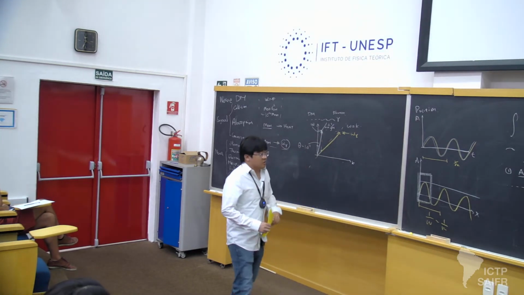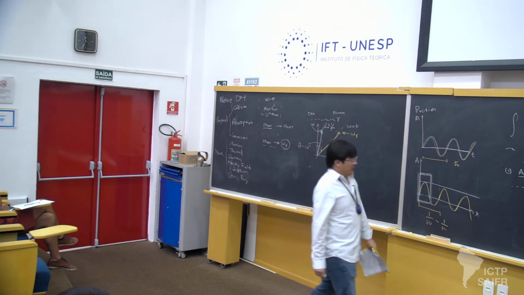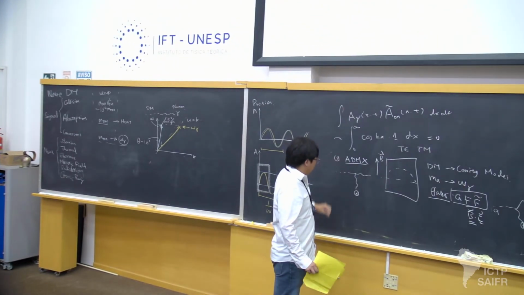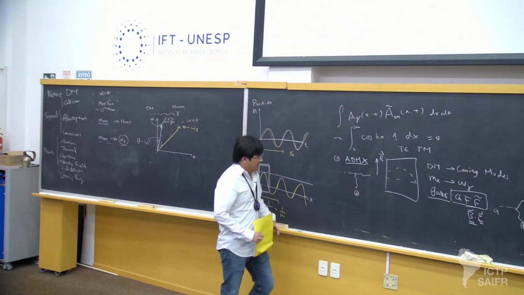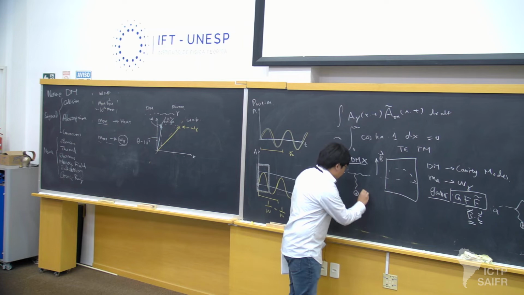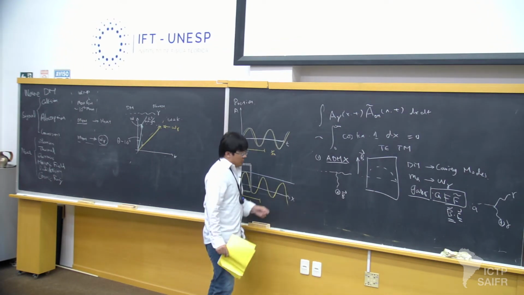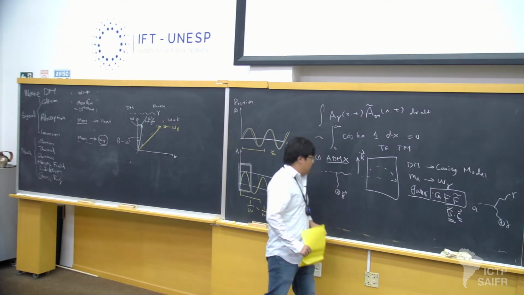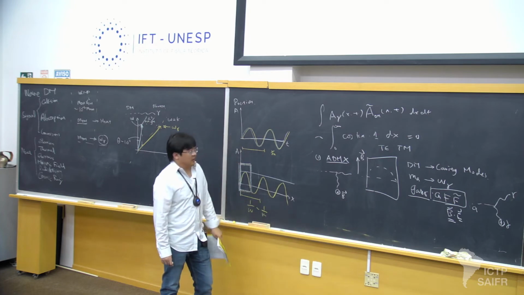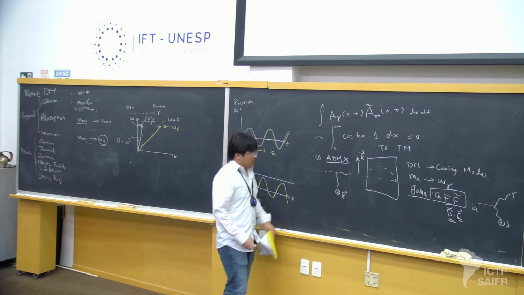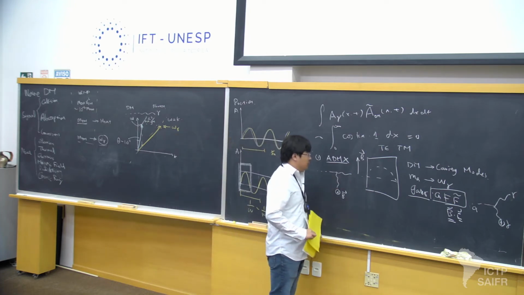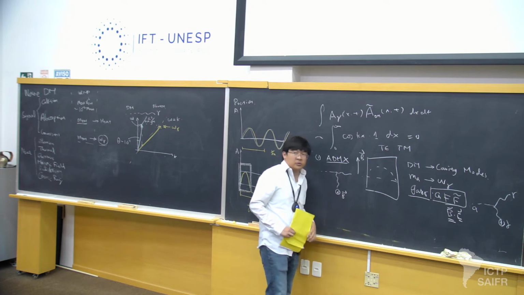Okay. So this is basically the idea behind ADMX. I'm putting a cavity in a strong magnetic field, which allows me to convert axions into a photon in a cavity mode, and then I use some receiver to read out this photon.